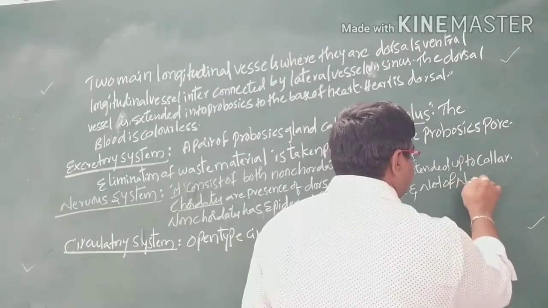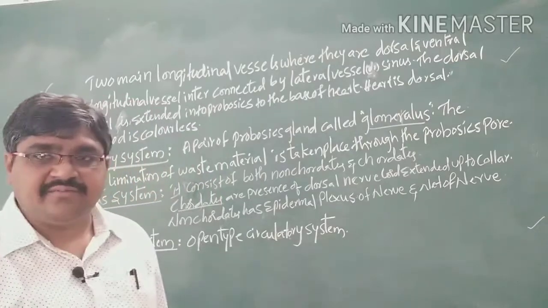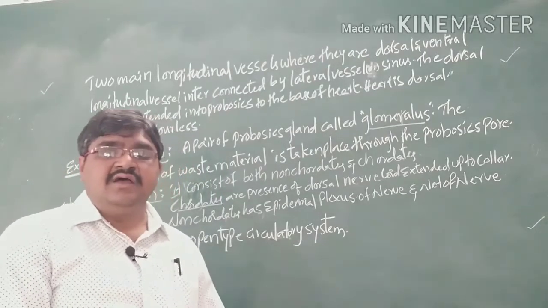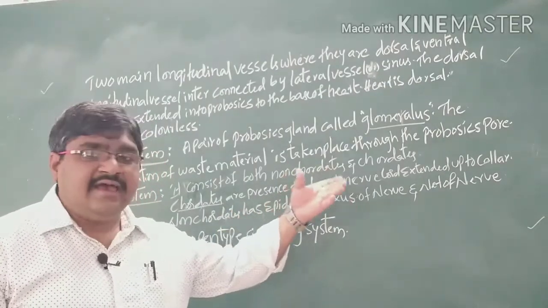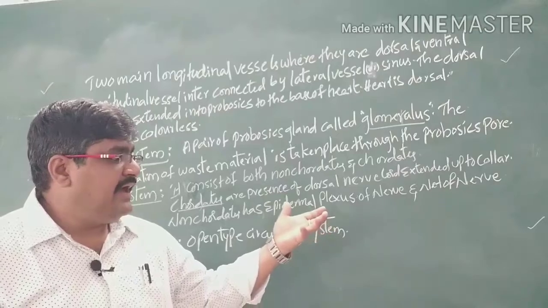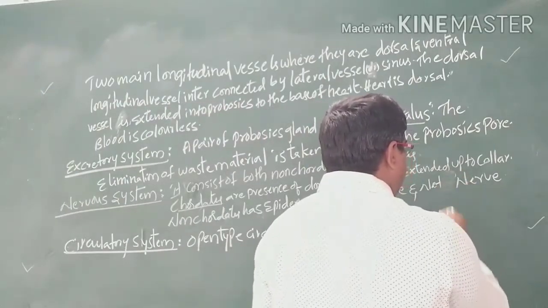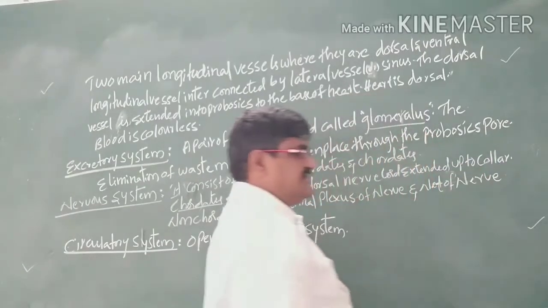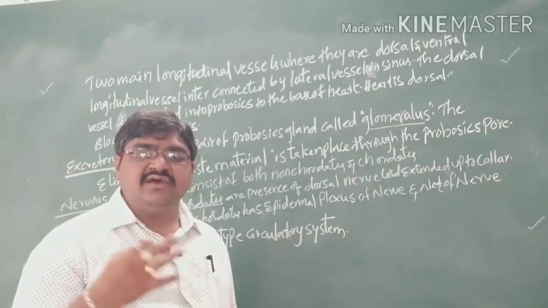A group of ganglia and nerves are present, and a network of nerves represents the epidermal plexus of nerves. So this is the type we have: both chordates as well as non-chordates.